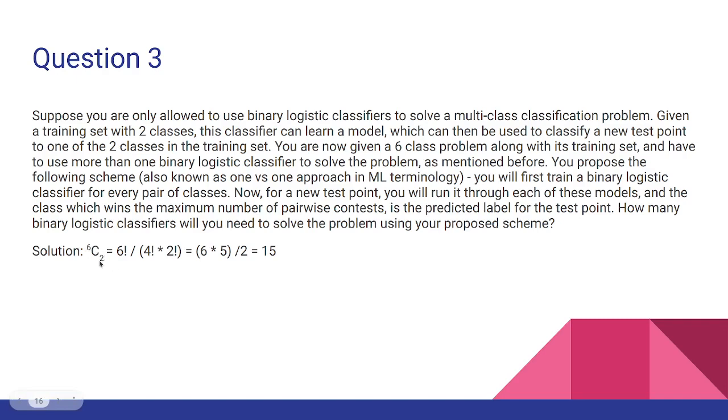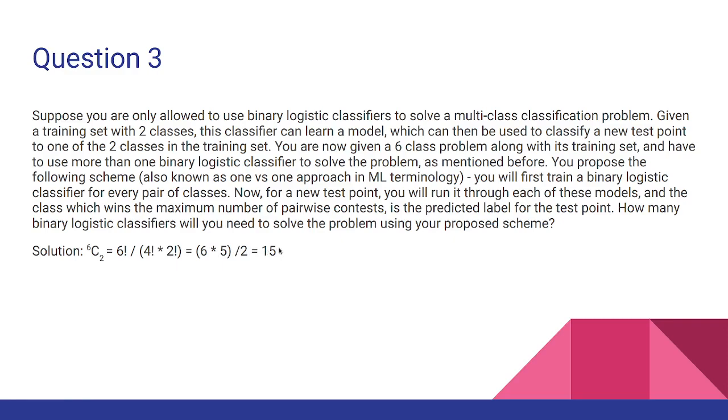Each classifier can distinguish between 2 values because it is binary. So 6 combination 2 is 6 factorial divided by 2 factorial multiplied by (6 minus 2) factorial, which is 4 factorial. That is 6 into 5 divided by 2, which is 15 classifiers you need to train.